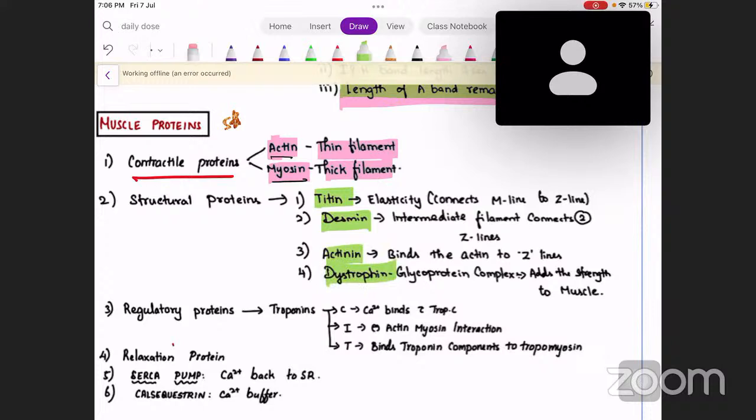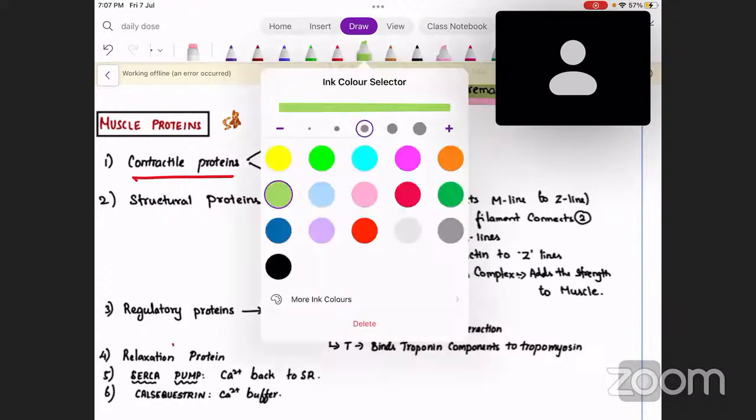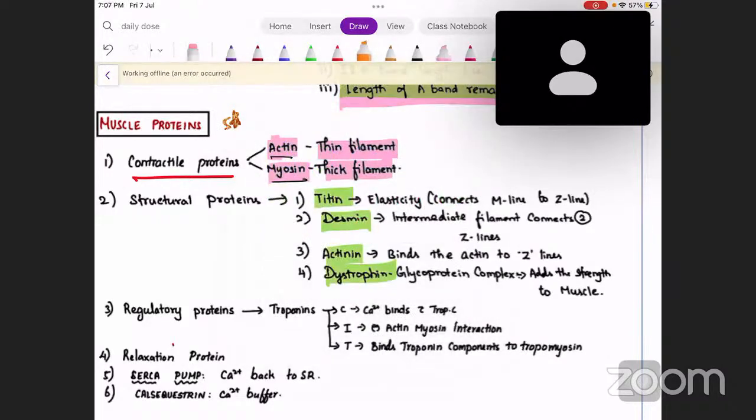What is titin? Titin is responsible for elasticity. It connects your M line to the Z line. Desmin connects 2 Z lines. Actinin binds the actin to the Z line, and dystrophin adds strength to your muscle.